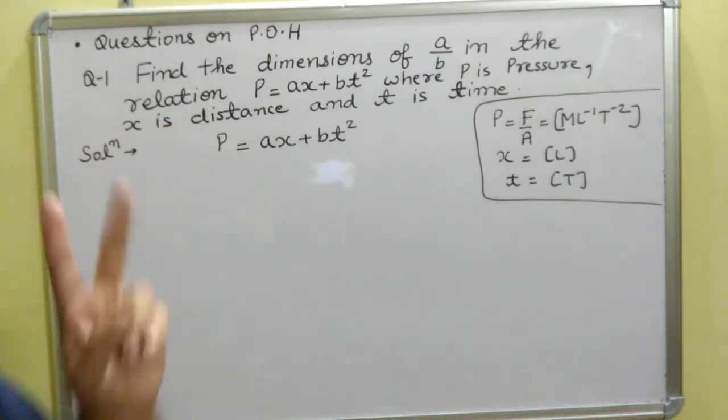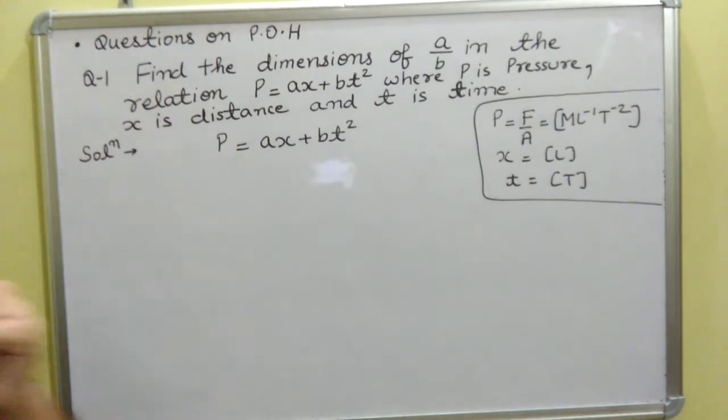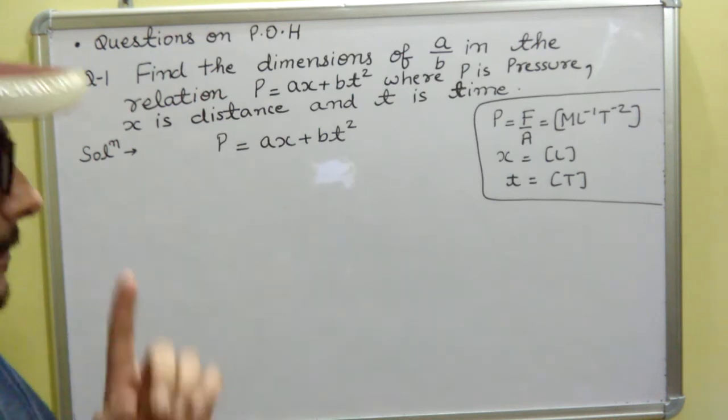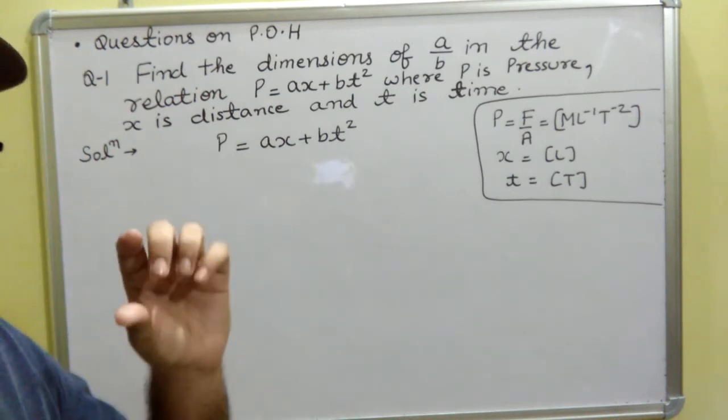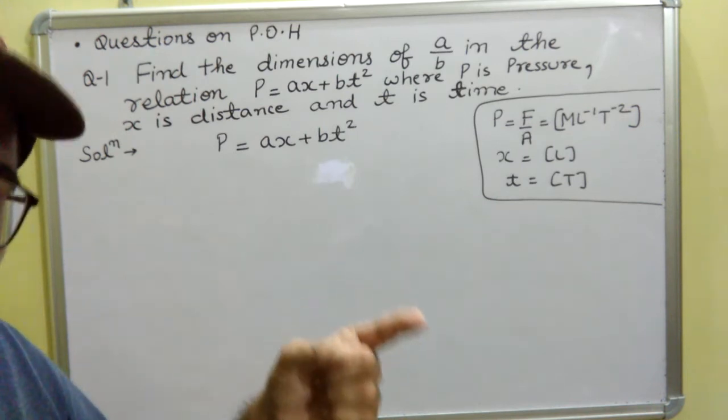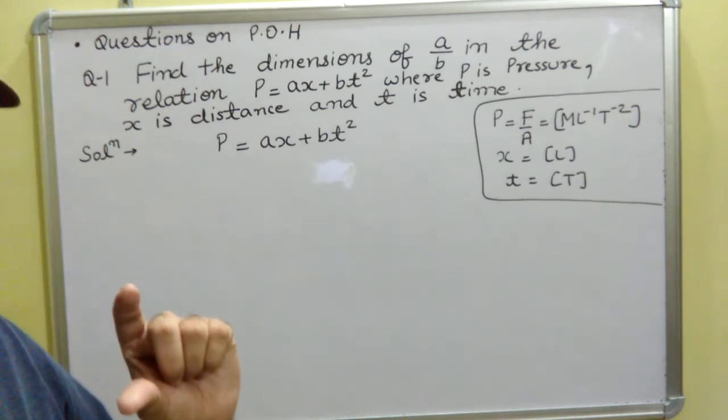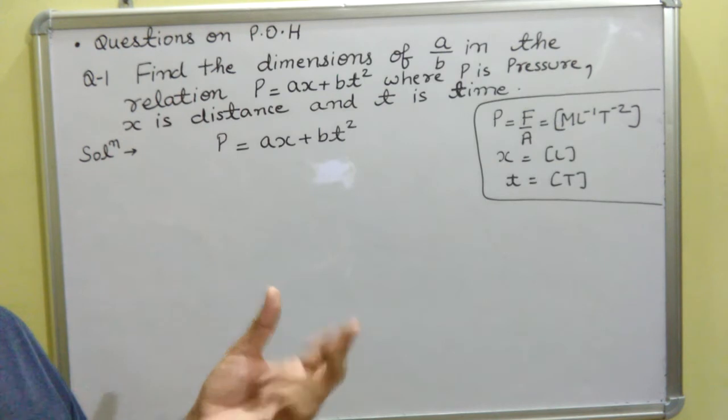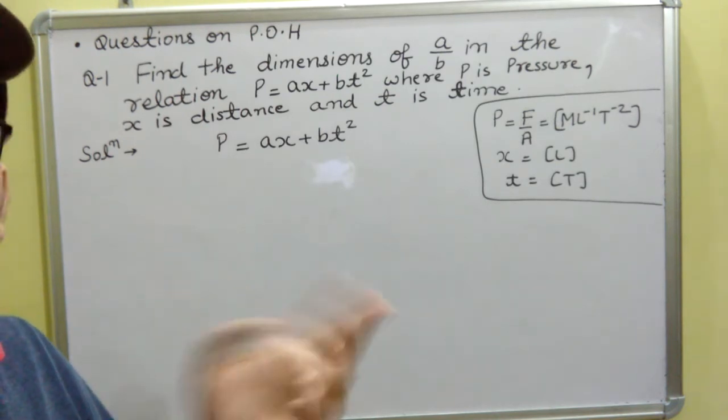This you know. Second, the second principle in this principle of homogeneity is that only same dimensions can be added or subtracted. What I mean to say is, you can add length only in length, you can add velocity only in velocity, you can subtract velocity from velocity only.